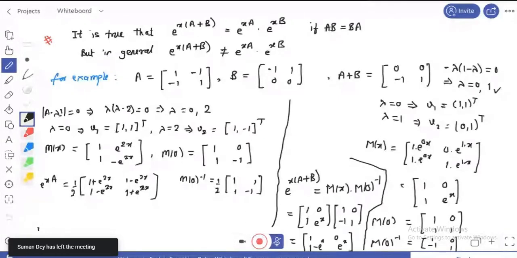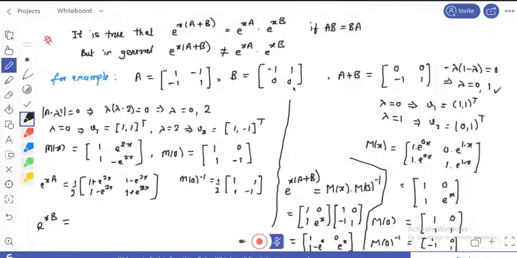I write here directly what is the exponential of B. So you can find in the same manner what the eigenvalues are. Here eigenvalues are 0 and -1. For 0 you will have the eigenvector 1 1, and for -1 you have 1 0.